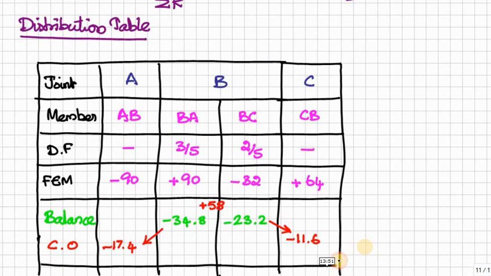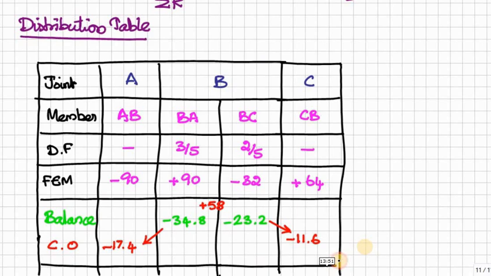Okay. So at this step, because of carryover moment, we have to check out whether there is any interior support getting any carryover moment. Okay, because support A and support C are fixed, it can carry any amount of moment, no problem. There is no need to balance support A as well as support C, since those supports are fixed.